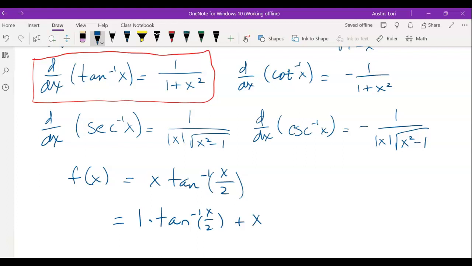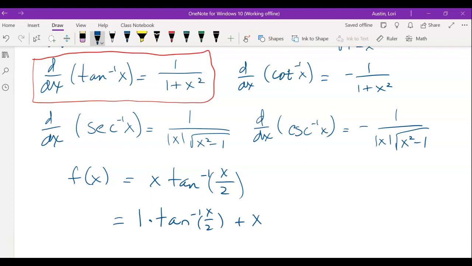And now I need the derivative of tan inverse of x over 2. We're going to use chain rule because this is not just x. I didn't make it easy and just put x. I put 1/2 x. That's just a little tiny chain rule. So how do I take the derivative of that? I apply what I have in the red rectangle.